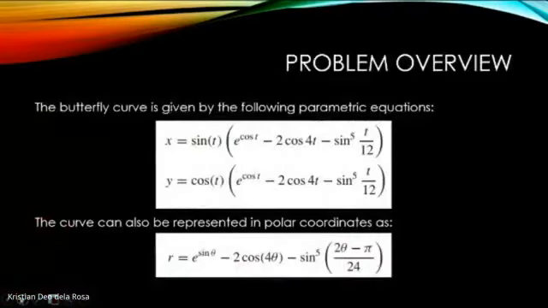Okay, so the butterfly curve is given by the following parametric equations. We have here both x and y as a function of time. So x is the sine of t multiplied by Euler's number raised to the cosine of t, minus 2 times cosine of 4t, minus sine to the fifth power of t over 12.